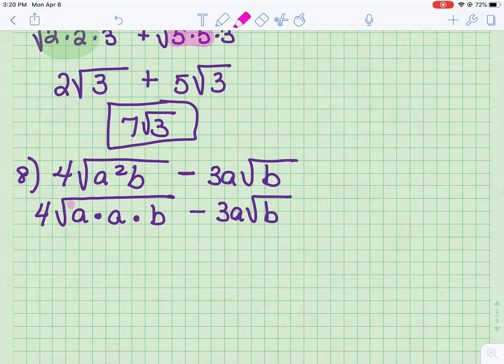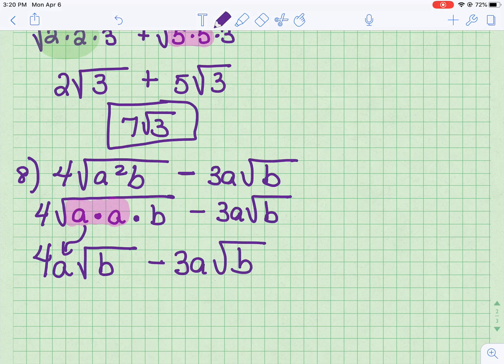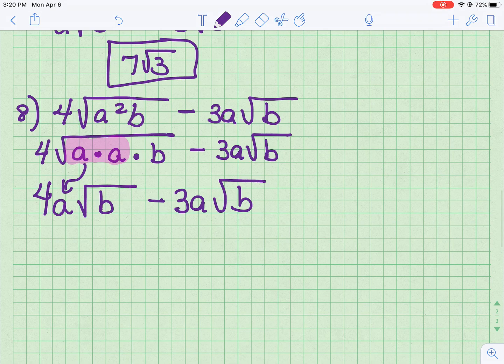So if I look at that first term, there are 2 a's under the radical, which means we can have a number escape. So the a's escape, only one makes it out. So we have 4a radical b minus 3a radical b. Now this is a little confusing, and I wanted to show you this one because we have a's in front and b's on the inside.